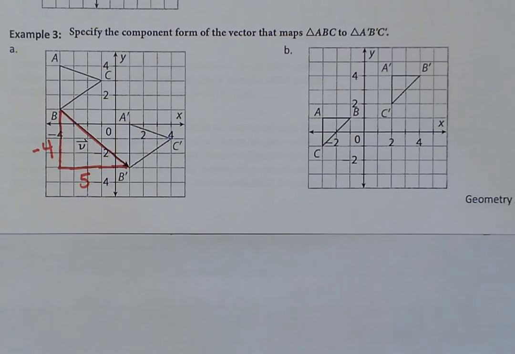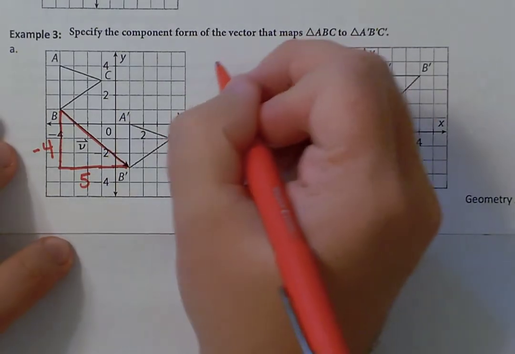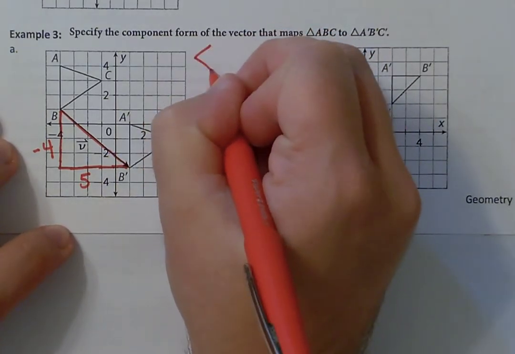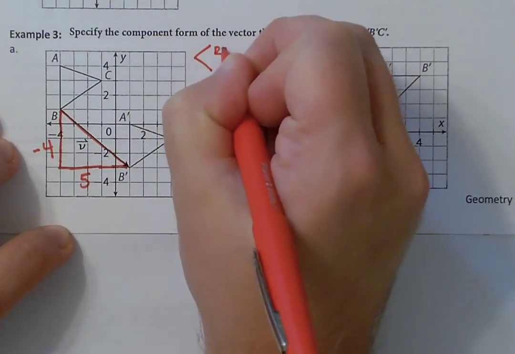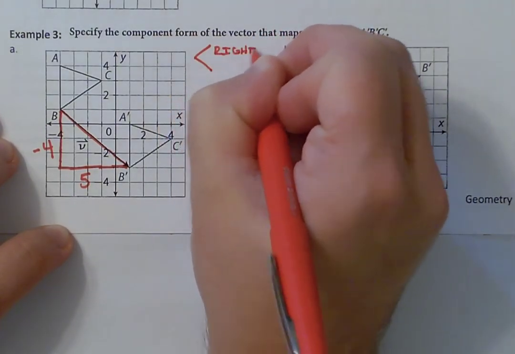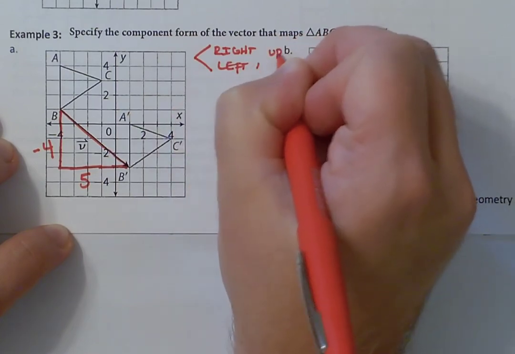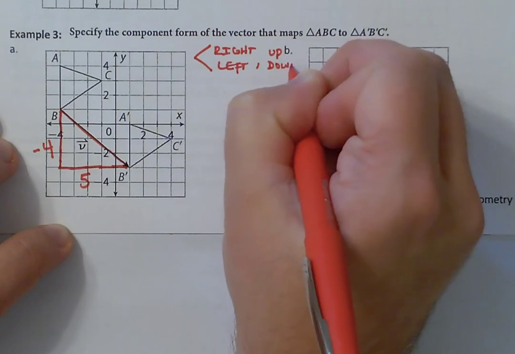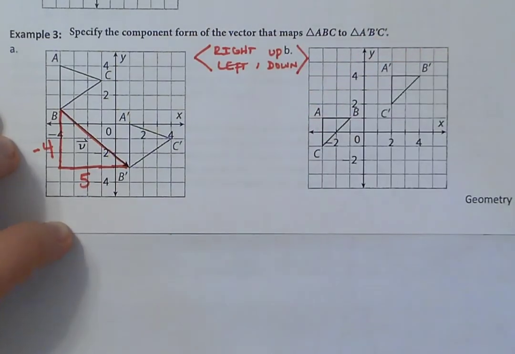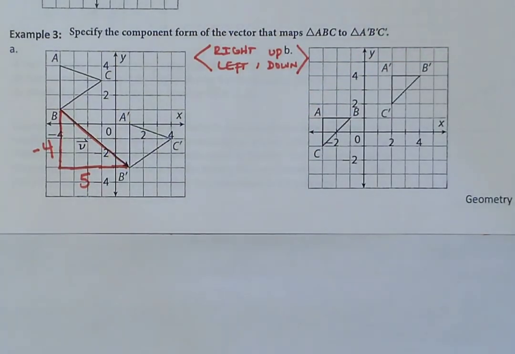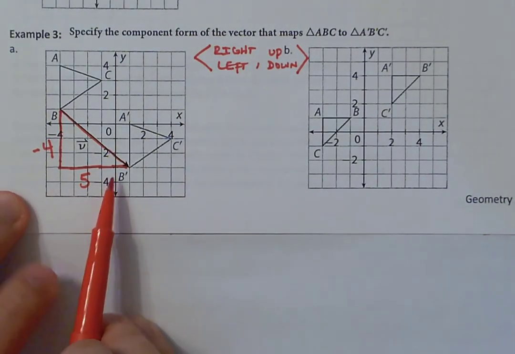Now, again, and I've written this a couple times, but just as a reminder, the first number we are moving right or left, and the second number is going to be up or down. Okay, so right or left, comma, up or down. So using that idea, we move to the right 5.